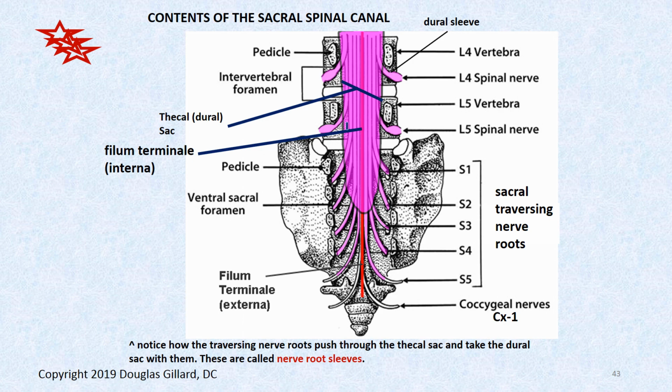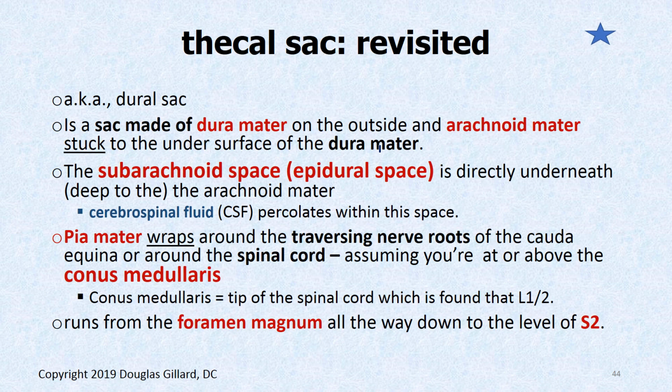The space between the pia mater structures and the arachnoid-dura combination, that's called the subarachnoid space. In the spine, in radiology and clinical speak, you don't really call it the subarachnoid space. You call it the epidural space, meaning that it's above the dura mater.